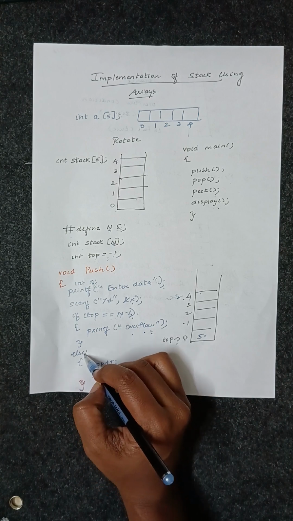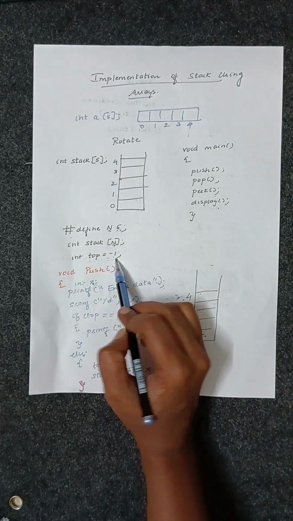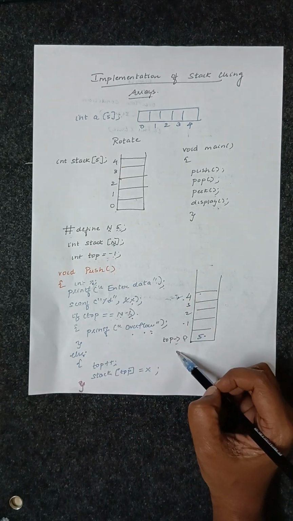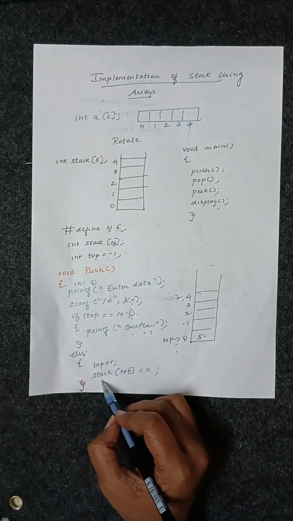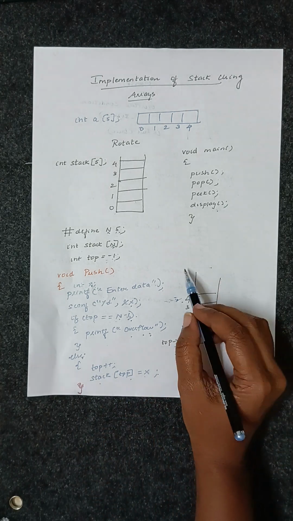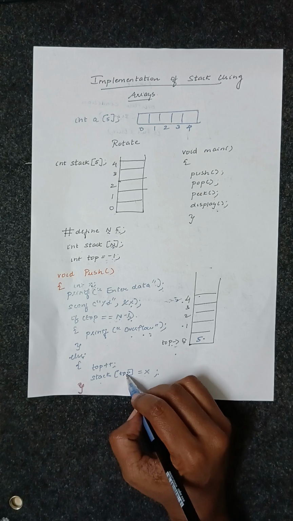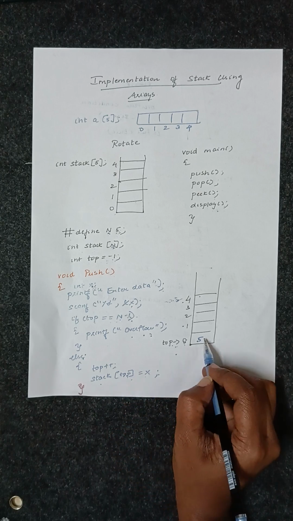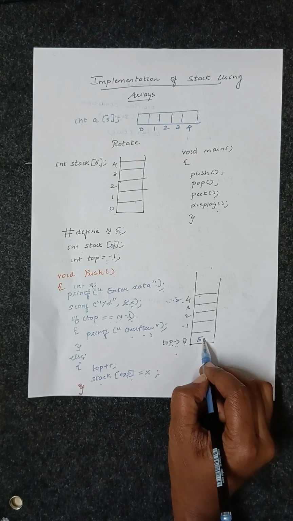And now what you have to do is increment your top. Initially your top will be -1. So if you increment your top, top plus plus, top will be pointing to 0. Now stack of top is equal to x. My array name is stack. Stack of top, what is top? 0. So stack of 0 is equal to x. Suppose I am getting the value from the user as 5, 5 will be stored here.